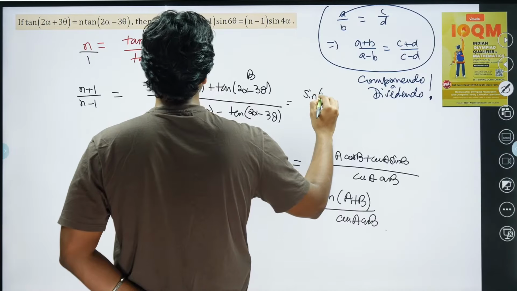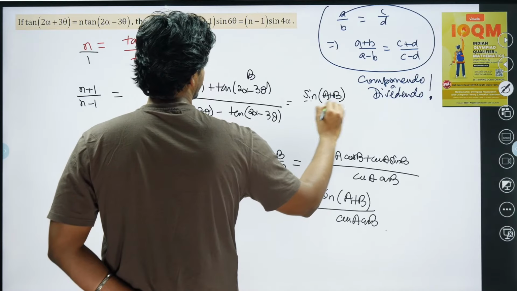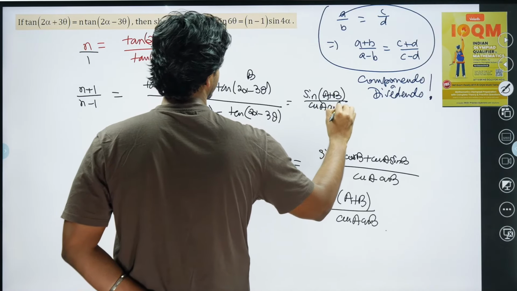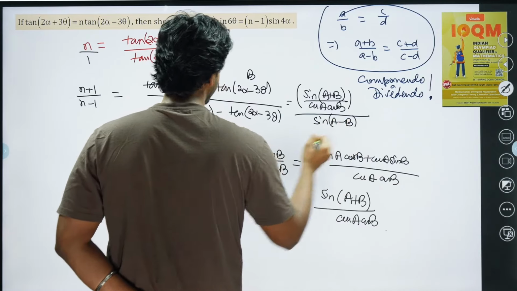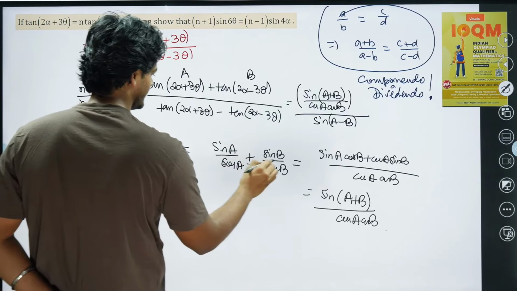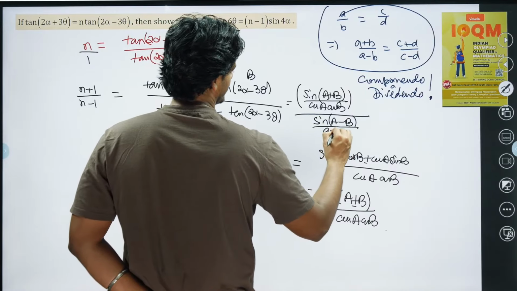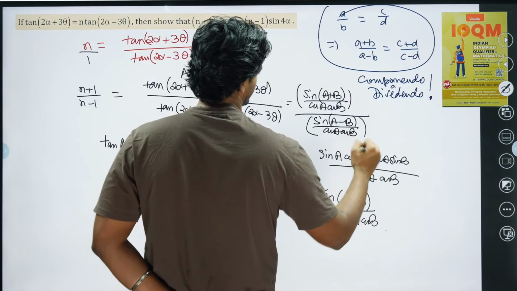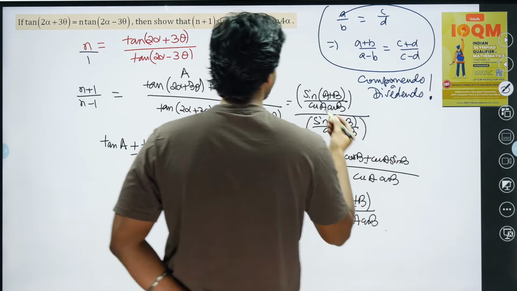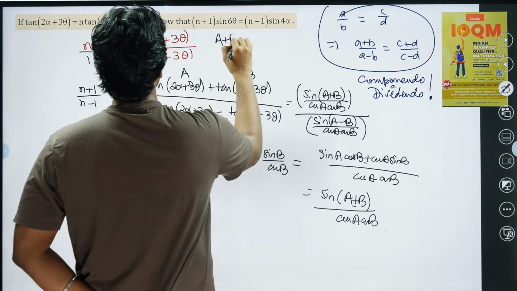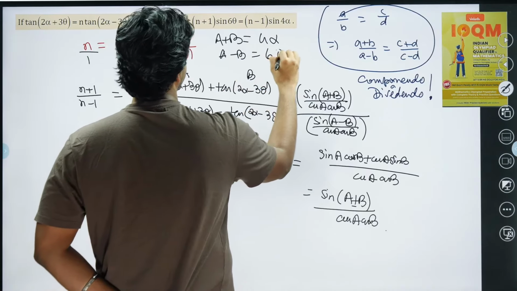Right. So this expression, if you take this to be A, this to be B, this becomes sin of A plus B by cos A cos B divided by sin of A minus B by cos A cos B. Similarly, if you put minus here, this will simply be sin of A minus B by cos A cos B. So quite directly, A plus B is 4 alpha, A minus B is 6 theta.